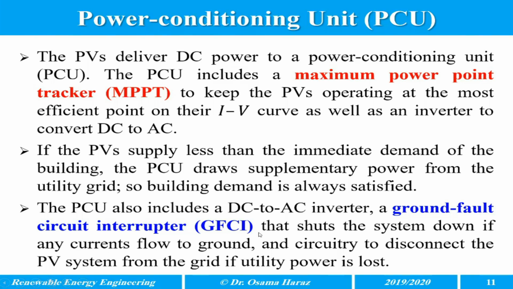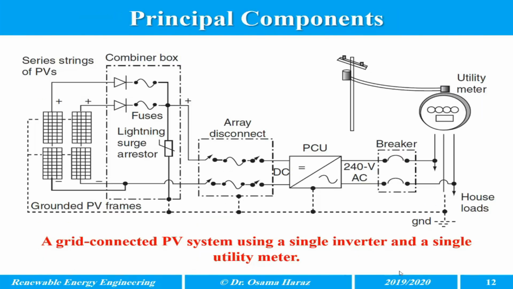The main purpose of the GFCI is to shut down the system if any currents flow to the ground, and to disconnect the PV system from the grid if utility power is lost. So we can summarize that the PC unit consists of maximum power point tracker MPPT plus the DC to AC inverter plus a ground fault circuit interrupter GFCI.